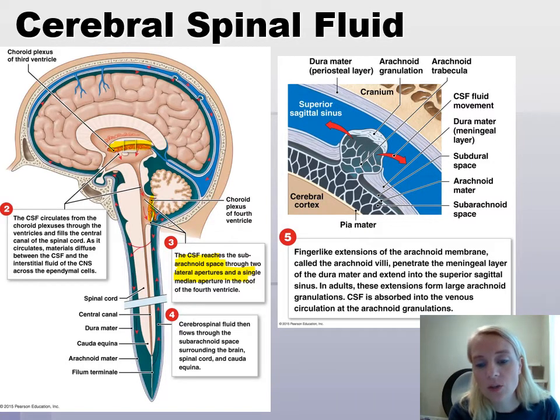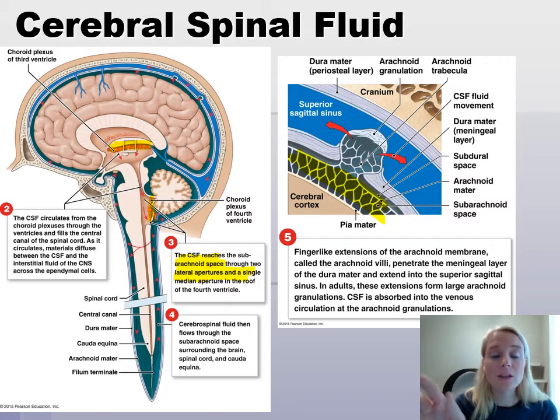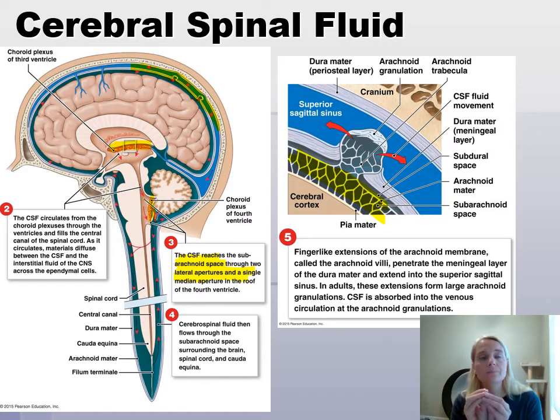So here is, I'm kind of highlighting, this is the subarachnoid space, right? All of the spider webby looking stuff, that lets us know we're in the subarachnoid space. That's where the CSF is flowing. In those dural sinuses, specifically they're showing the superior sagittal sinus, kind of up here, we have these little structures, and there's a couple names for them. They can be called an arachnoid granulation, or they can also be called an arachnoid villus.